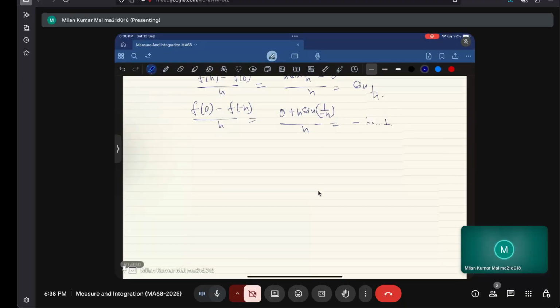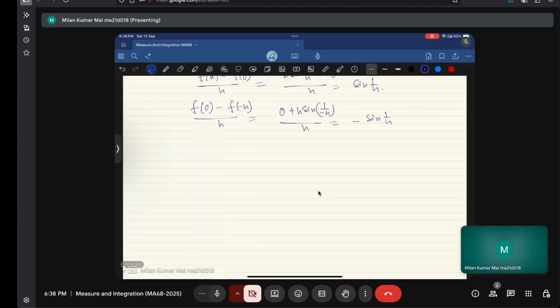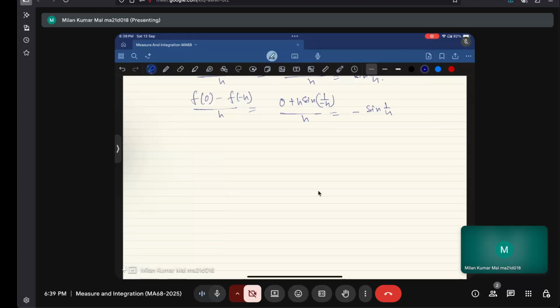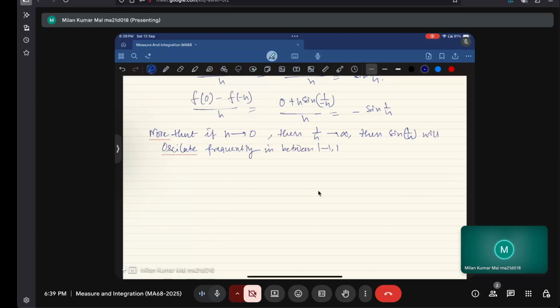So now note that if h tends to 0, then 1 by h tends to infinity, then sin 1 by h will oscillate frequently between minus 1 and 1.